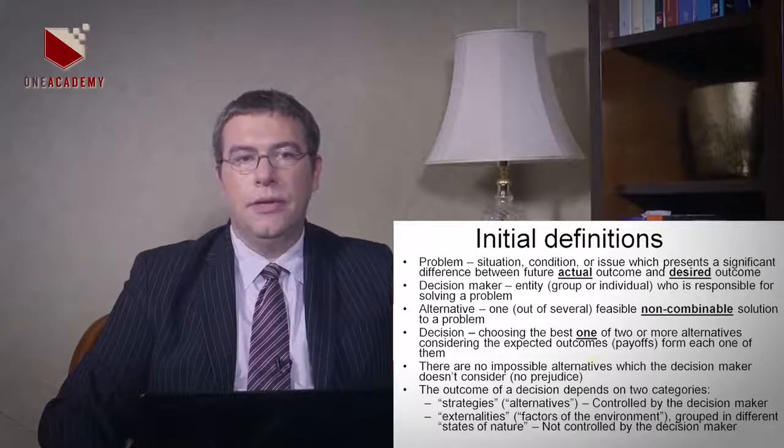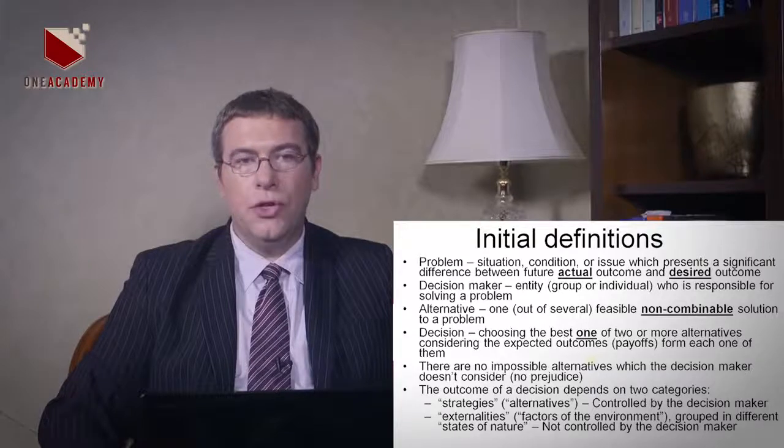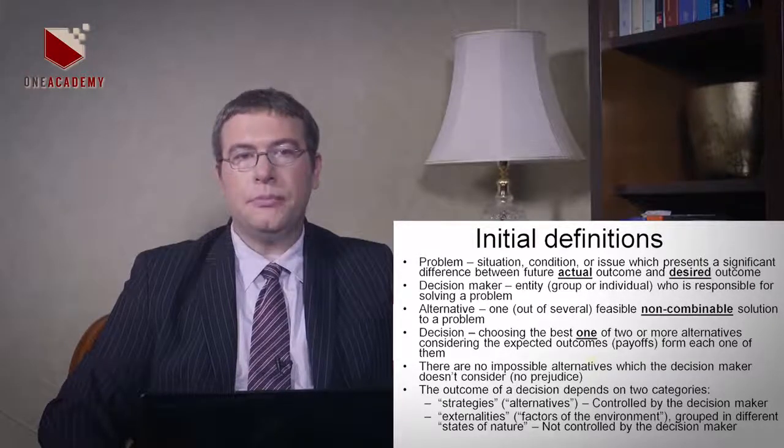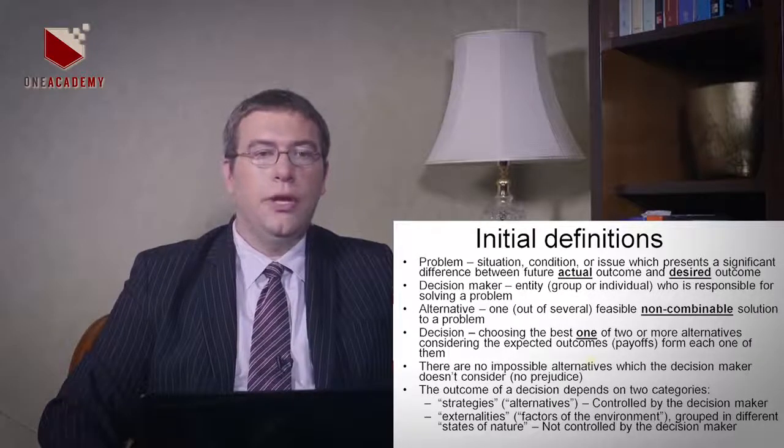pretty easy. First is problem. What is a problem? A problem is a situation, condition, or issue which presents a significant difference between future actual outcome and desired outcome. I would like to elaborate here a bit more.